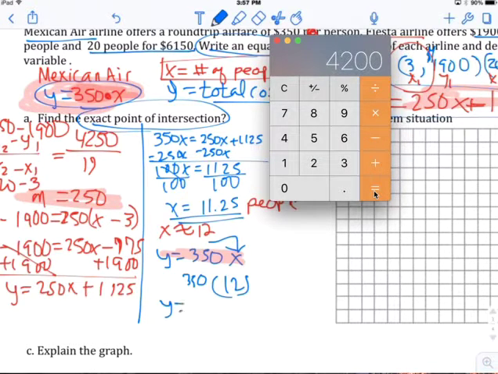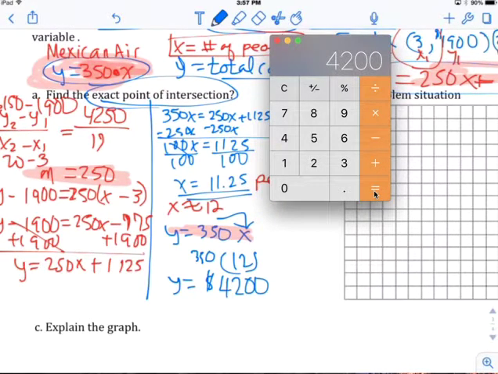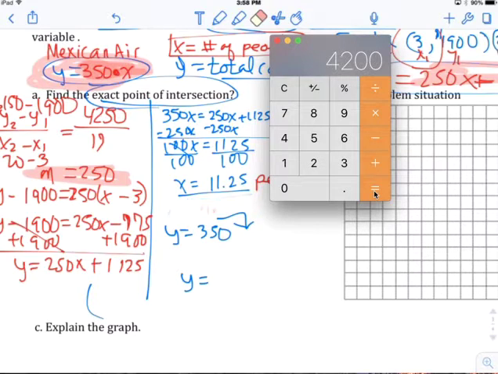So it's going to cost $4,200 for 12 people. The graph's going to be the same at... we better use 11.25. They didn't ask us what it means. Let's use 11.25.